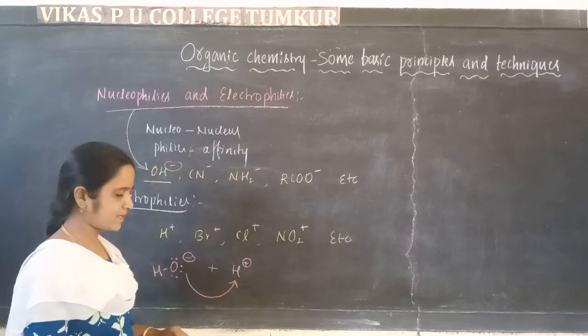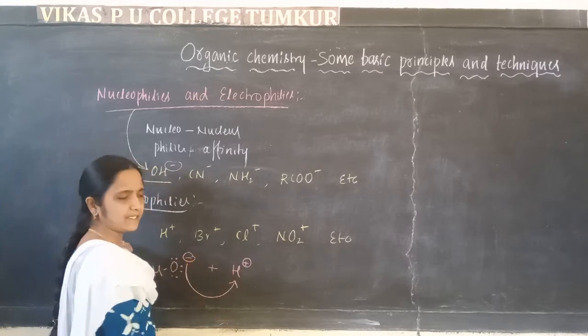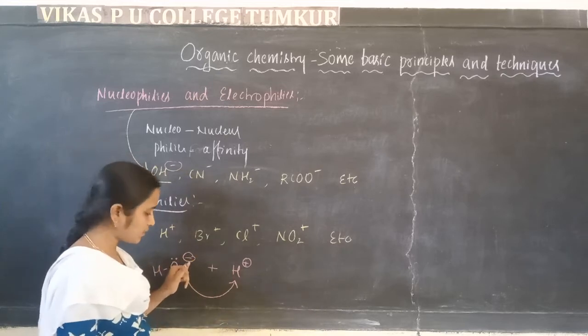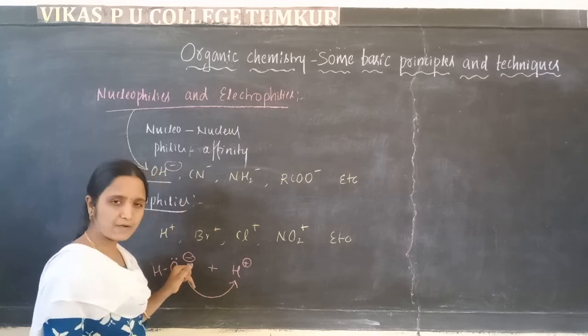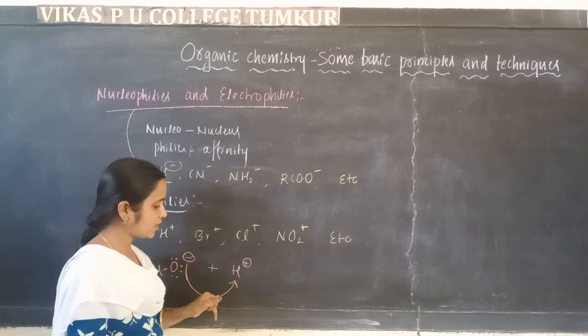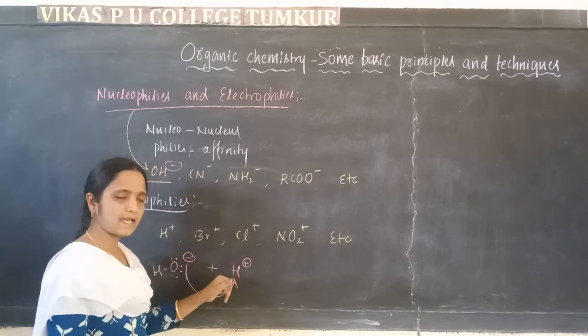The arrow starts where the electrons are shifting from, and ends at the location where they are attacking.